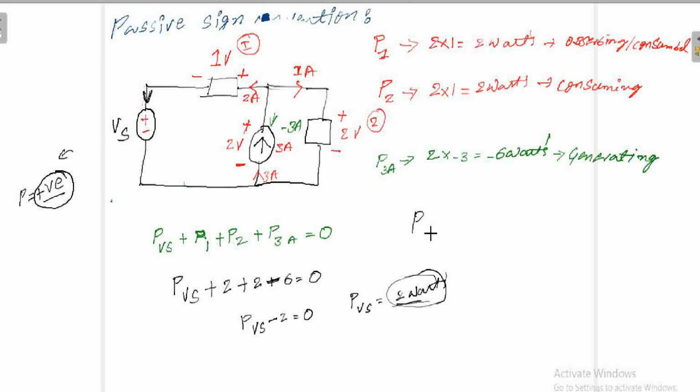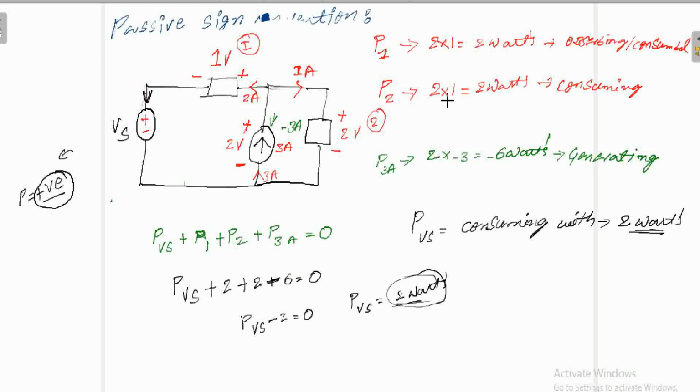It is not generating. The voltage source is absorbing or consuming power with a value of 2 watts. So this is the way we have to find whether the element is absorbing or delivering the power.